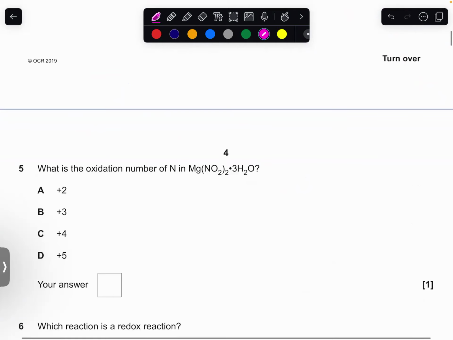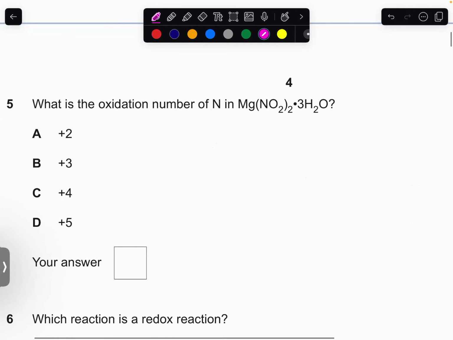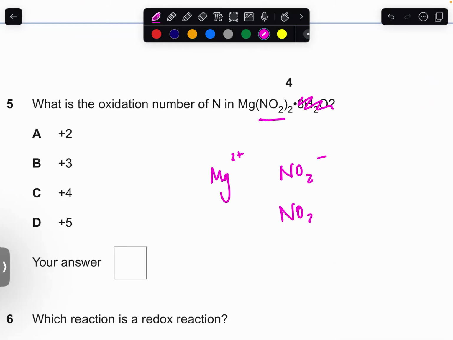What is the oxidation number of nitrogen in hydrated magnesium nitrate? I was about to reveal the name, but let's work this out. You see, magnesium, we can disregard the water. Magnesium is a 2+ ion, and these nitrate ions have a -1 charge each.